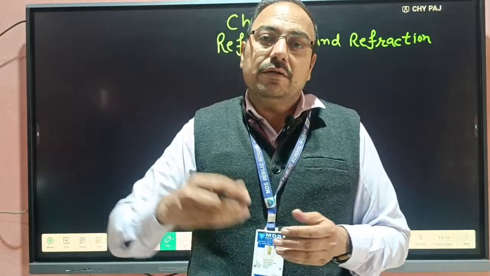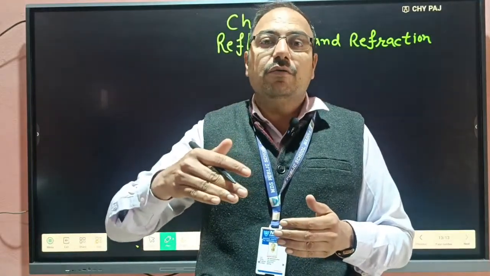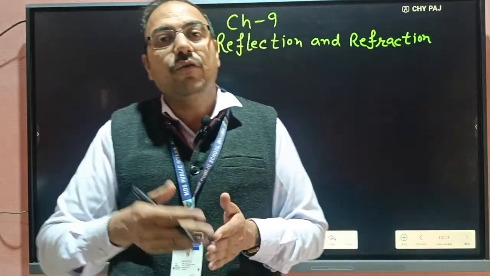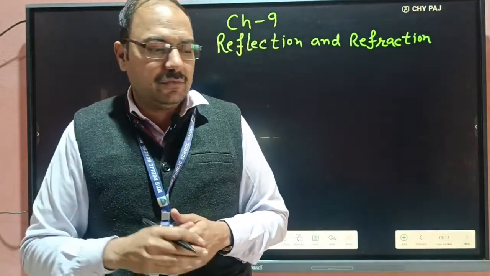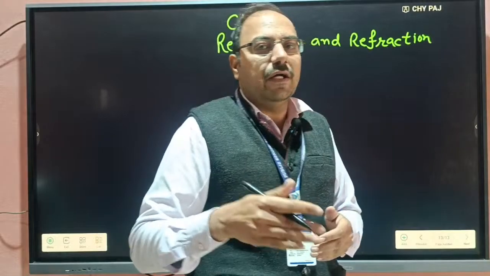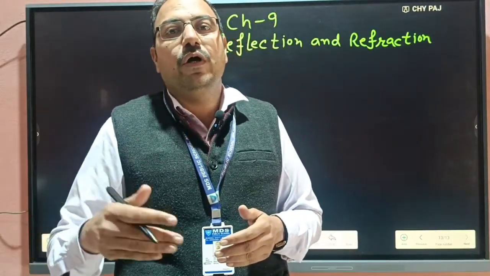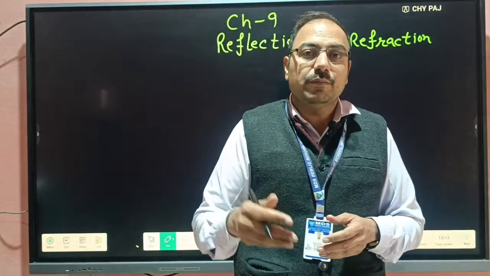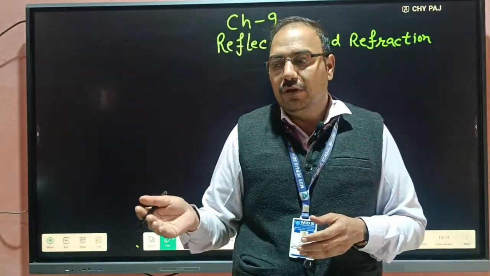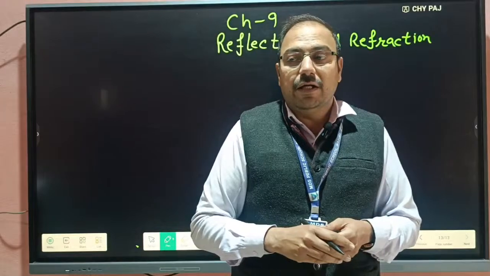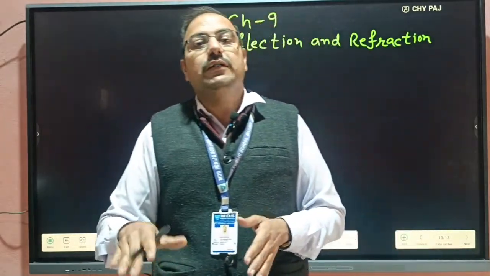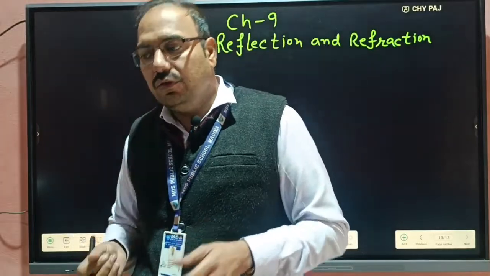How much the rays are bent from the original path depends upon the refractive index of the material. The refractive index of air is very low, nearly 1.0003, and for other materials like glass we take nearly 1.5 and diamond 2.42.